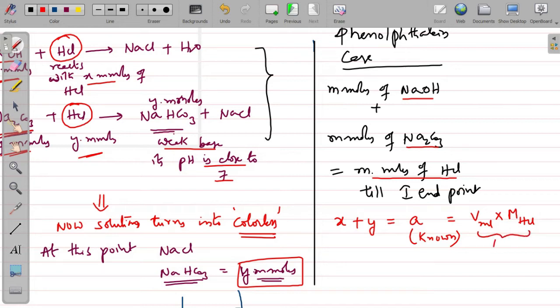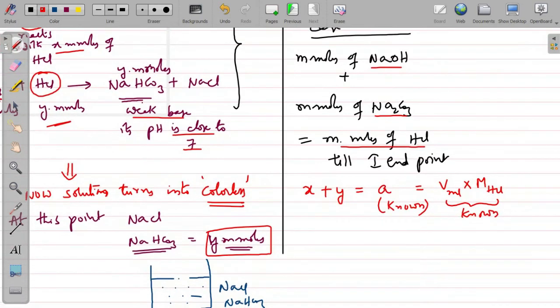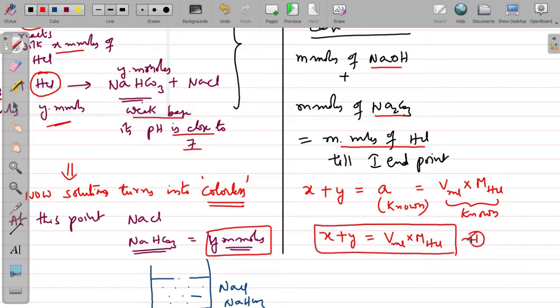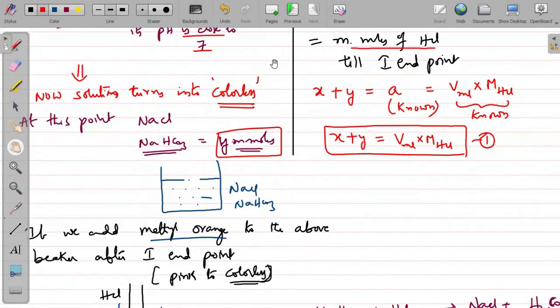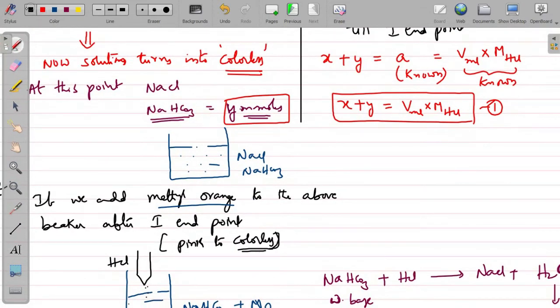Since these 2 are known to you, you can calculate the millimoles of HCl and equate it to X plus Y. So here I am writing X plus Y is equal to volume of HCl added into molarity of HCl. So this is one equation. But one equation is not sufficient to solve the problem, because there are 2 unknowns, X and Y. We need one more equation.